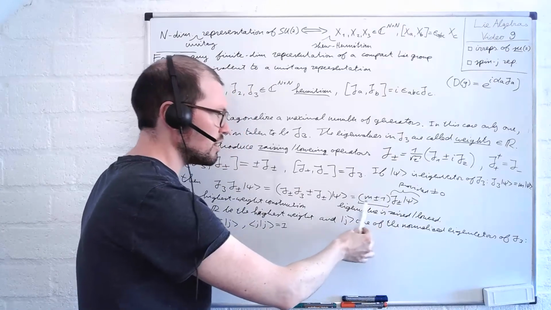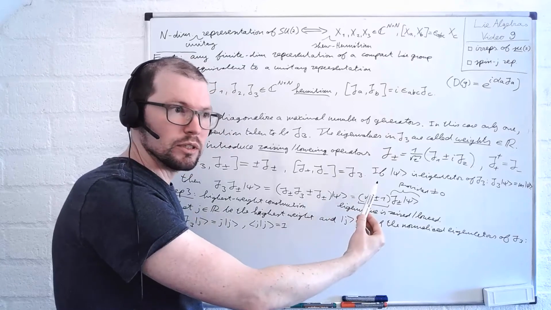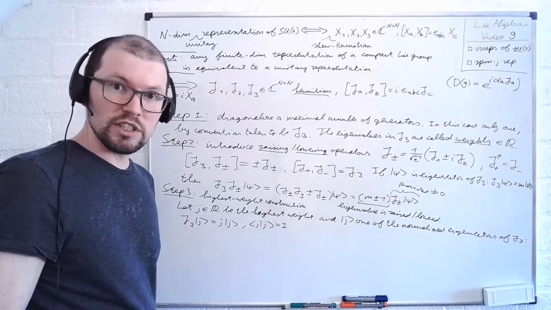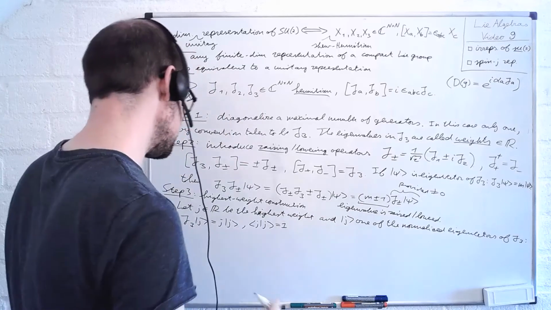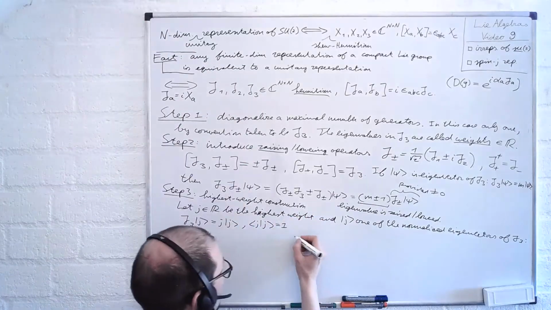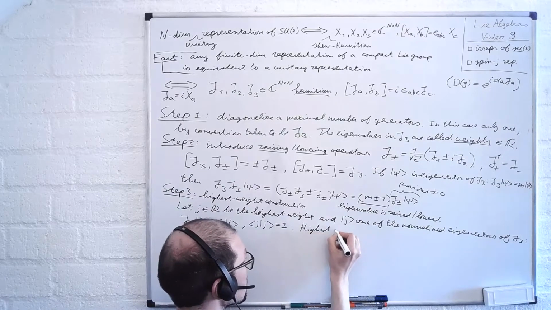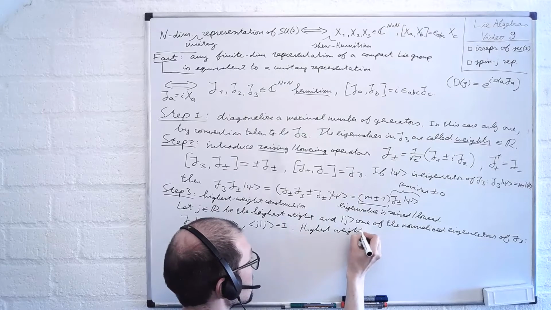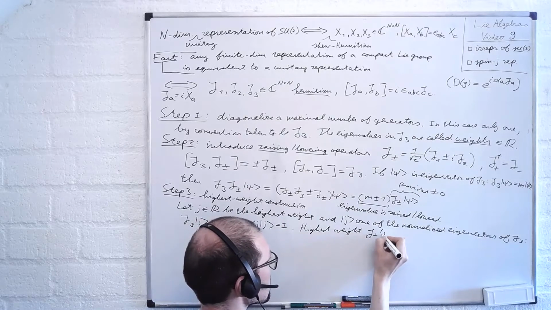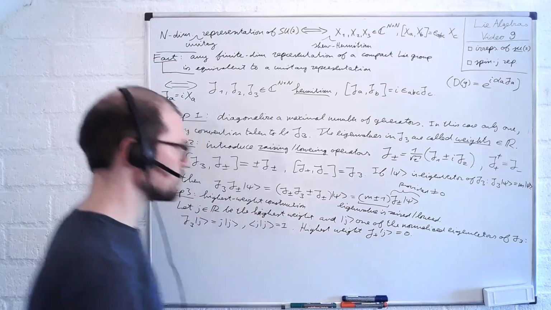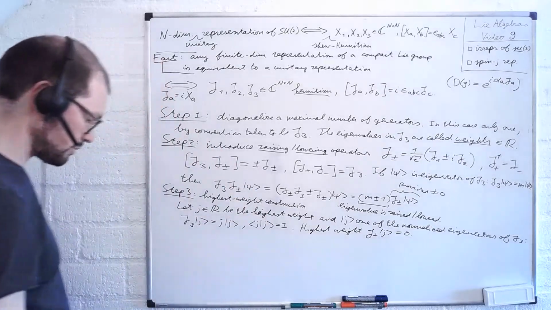Now since we don't have an eigenvalue that is larger by 1, this means that J plus acting on this highest weight state has to vanish. So we know, because it's the highest weight, that J plus acting on this state is 0 by construction.